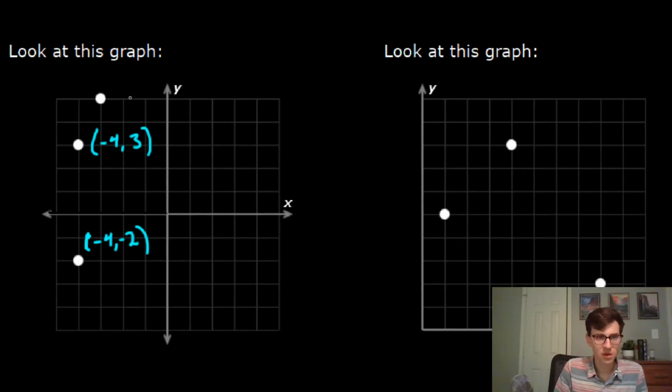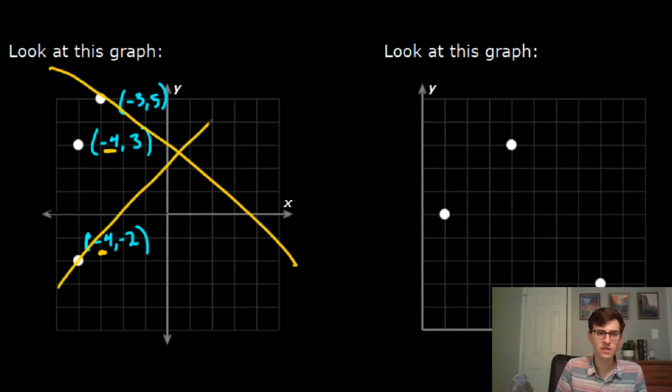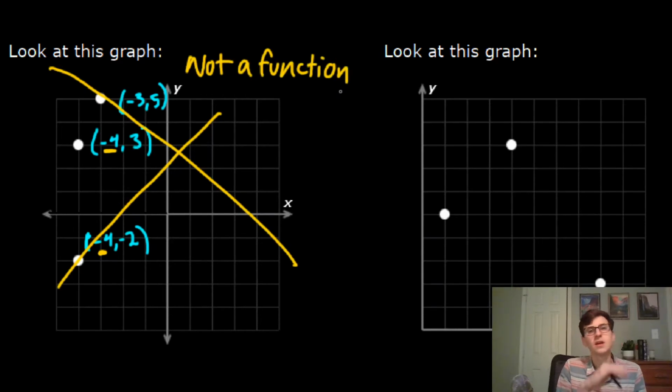And then this up here looks like -3, 5. So here we can see I've got the same x value but different y values, the same input with different outputs. So this graph is not a function. This is not a function because I have an input with two outputs.